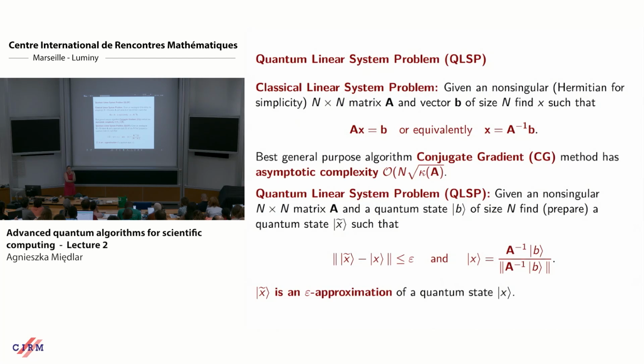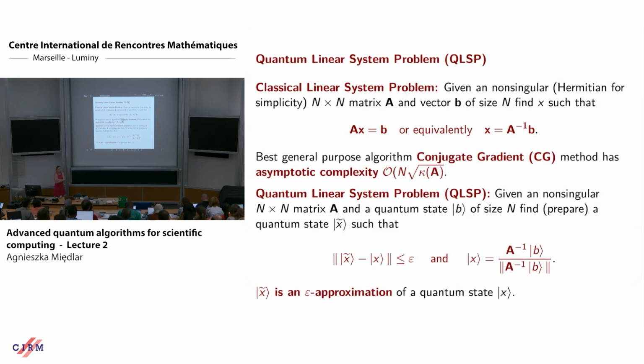Okay, so what is the equivalent in the quantum world? In the quantum world, we want to solve a similar problem: given an n-qubit matrix A and a quantum state b, we want to prepare a quantum state, which I will call x tilde, such that we minimize the discrepancy between the state that we prepare and the exact state, which of course we don't know.